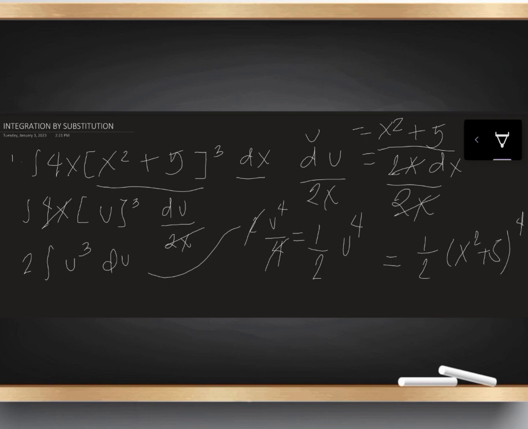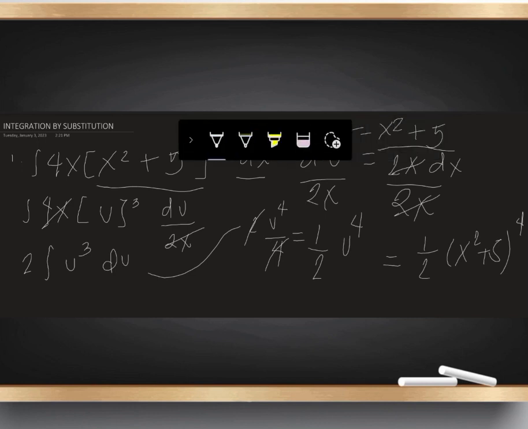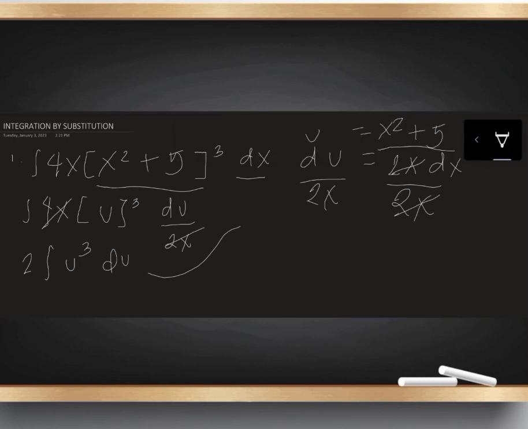This is not yet our final answer, so we can multiply 1 over 2 to (x squared plus 5) raised to 4. This will give us (x squared plus 5) raised to 4 over 2 plus c. So this is our final answer.